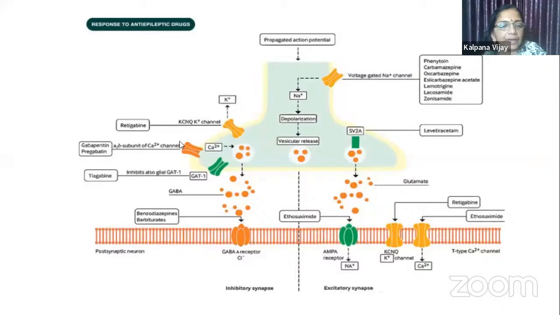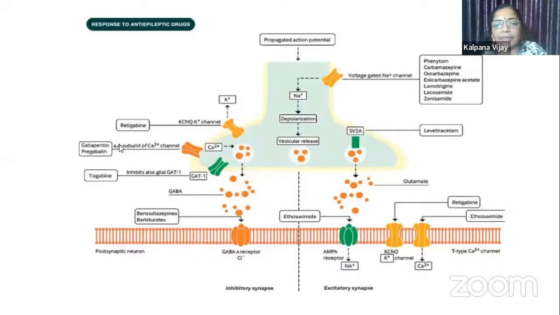Then GABA: we have GABA in the presynaptic area and the GABA channel in the postsynaptic area. In the presynaptic area, gabapentin and pregabalin act, the GABA reuptake inhibitor is tiagabine, and the GABA transaminase inhibitor is vigabatrin. Gabapentin and pregabalin also block the calcium channel.